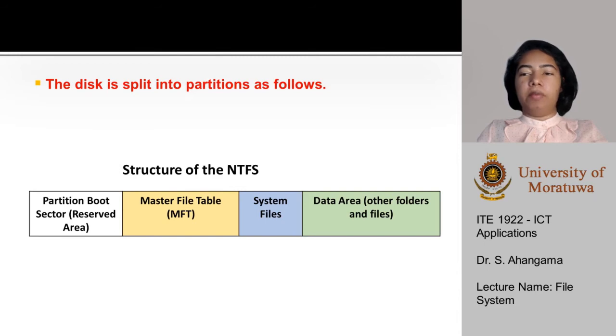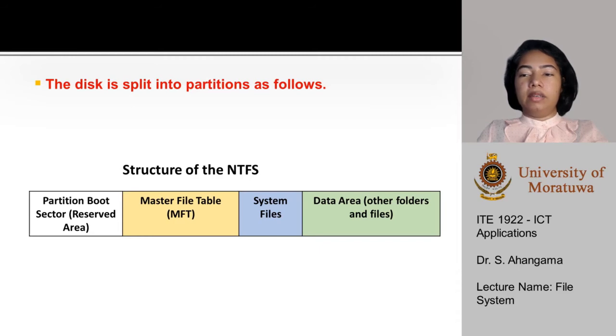Then we have the Master File Table, or MFT. A master file table contains all the information about the files and directories, for example, the name, size, and allocation. In NTFS, each file or directory has at least one record.